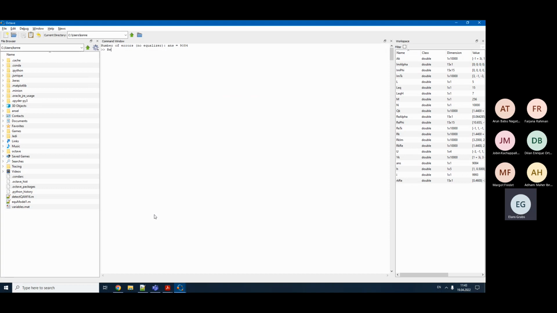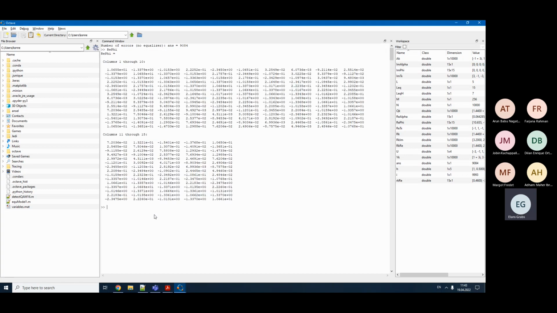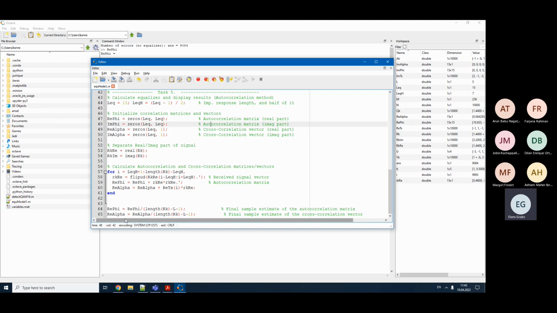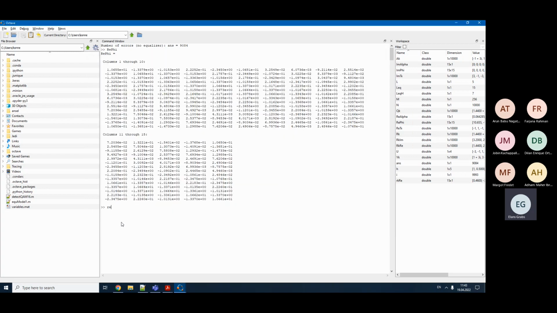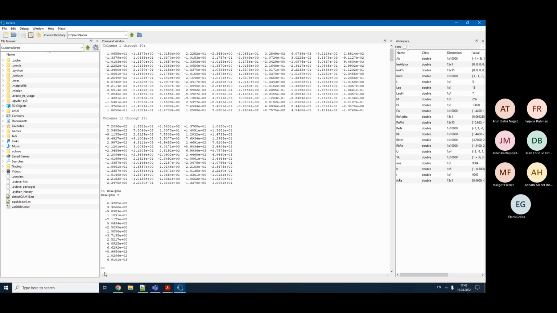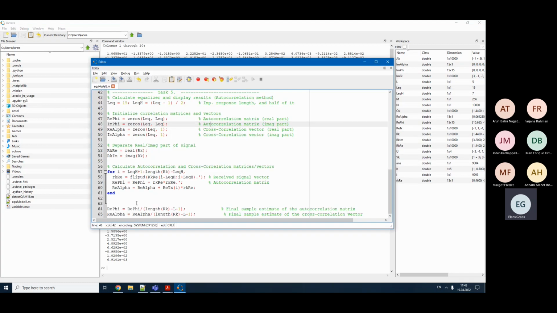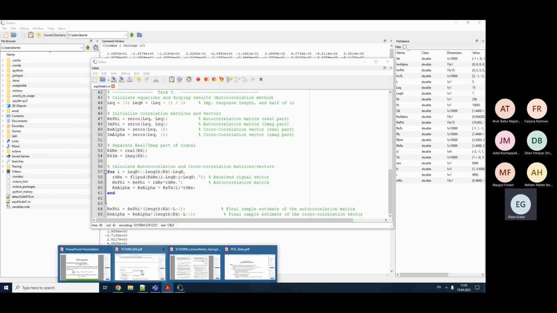So now we have this autocorrelation matrix and this average cross-correlation vector, which we can use to calculate our filter coefficients. Let me double check if it is correct here.